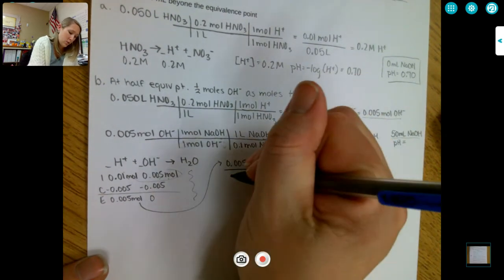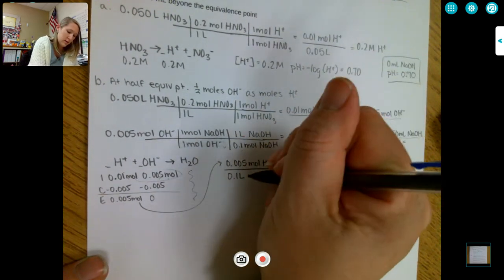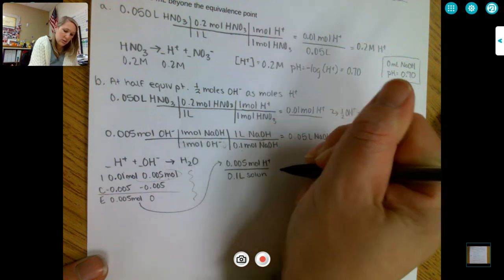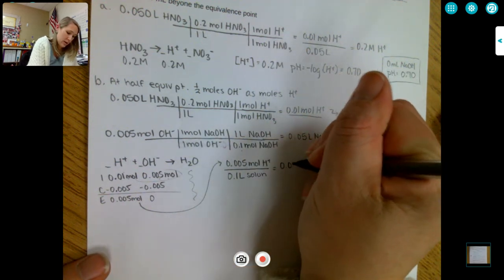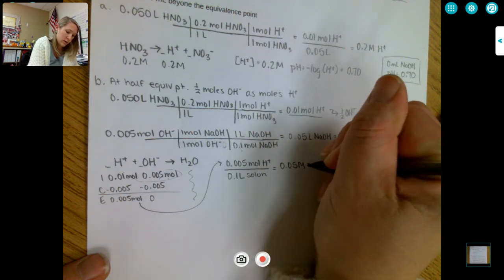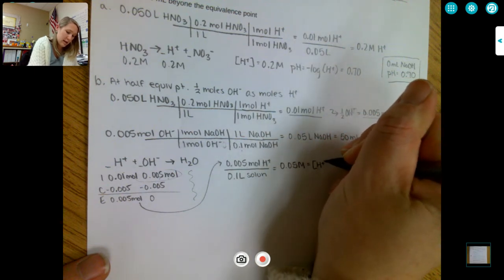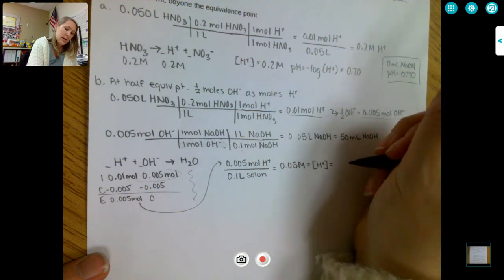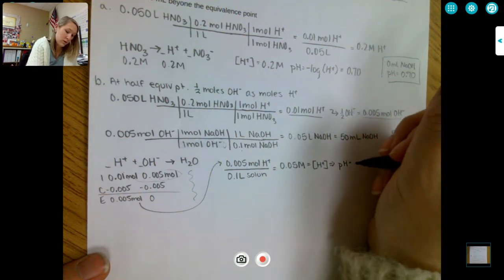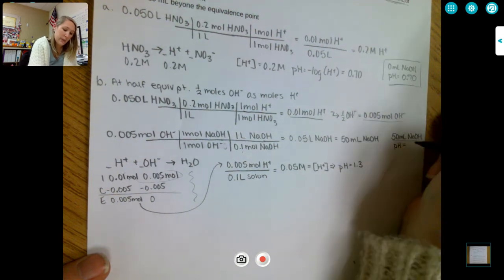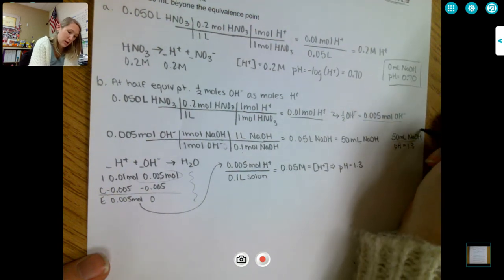That means that in total, I have 0.1 liters of solution. So when I do that math, I get 0.05 molar, which is my hydrogen ion concentration. Taking the negative log of that, I get a pH of 1.3. So my pH, 1.3.